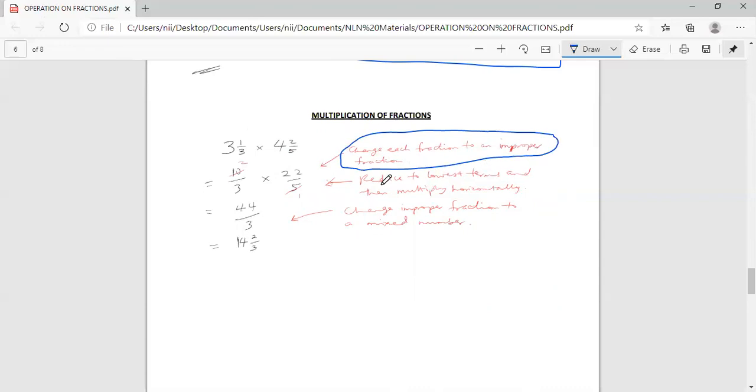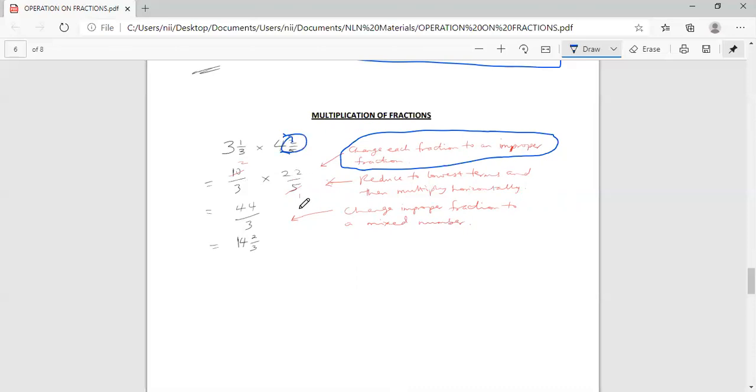How do you do that? You multiply the denominator by the whole number, so 3 times 3, and then add the 1. So 3 times 3 is 9, 9 plus 1 gives you 10 over the denominator. Same here, 4 times 5 is 20, then add the 2 to it.